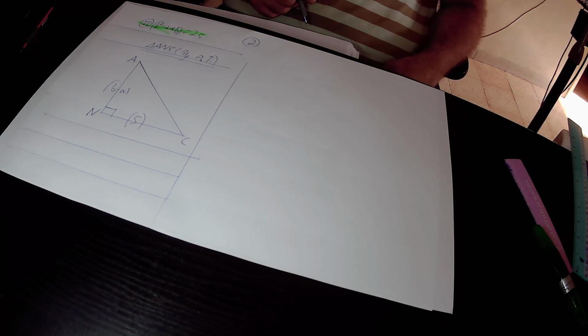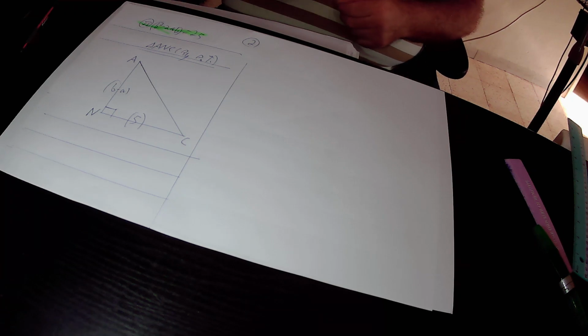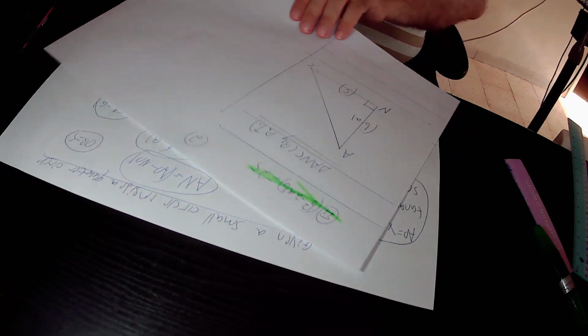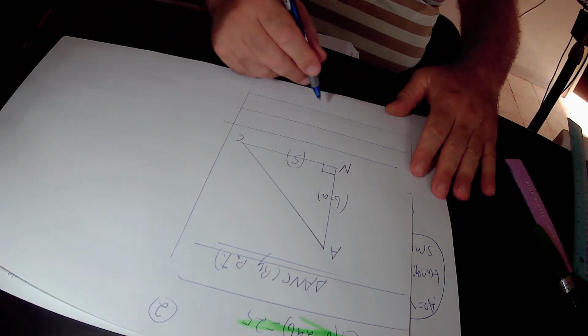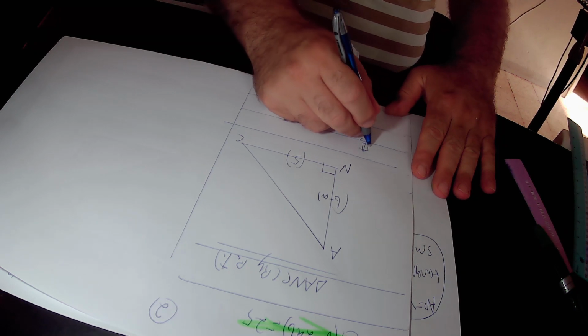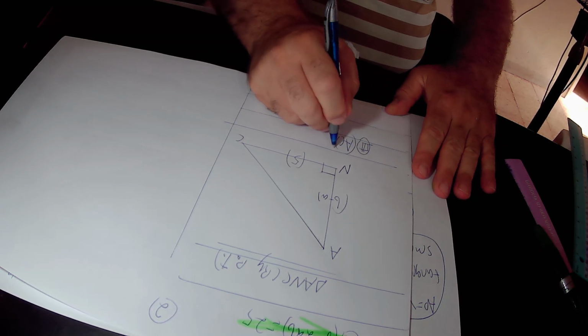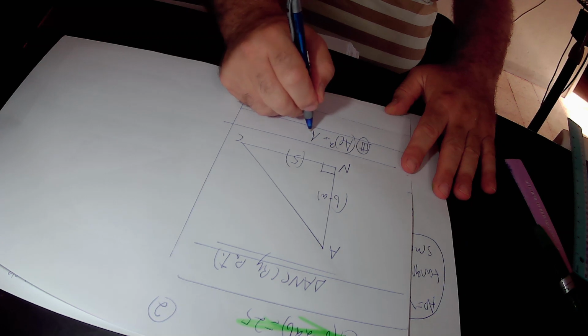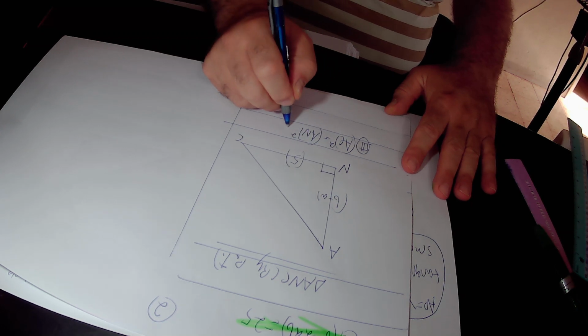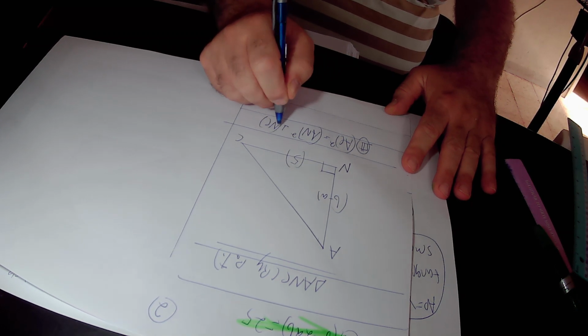According to the Pythagoras theorem, in this right triangle ANC, AC squared, that is the square of the hypotenuse, equals AN squared plus NC squared. So I write it down. This will be equation 3. AC squared is equal to AN squared plus NC squared.